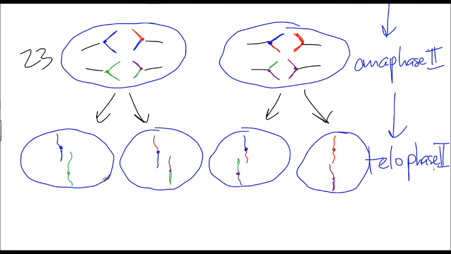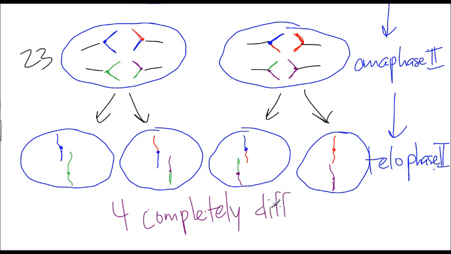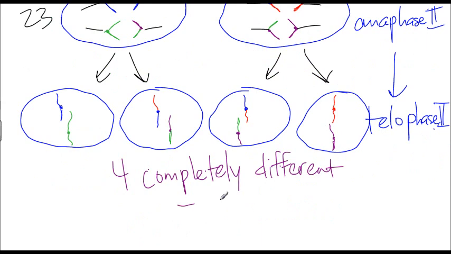Now notice here we've got four completely different combinations. And these four are going to form either sperm cells or egg cells.